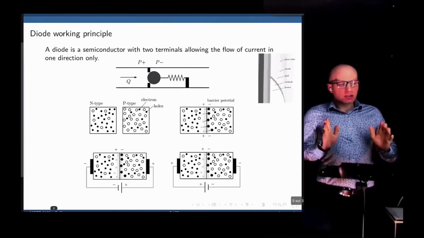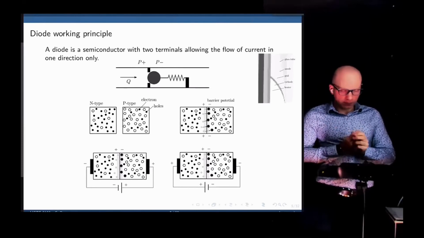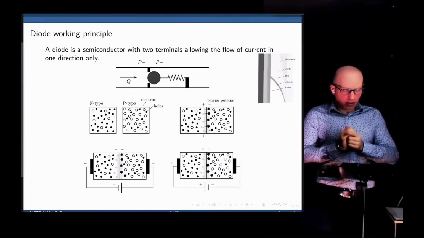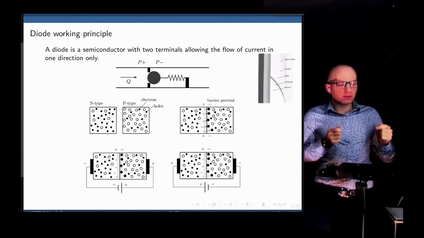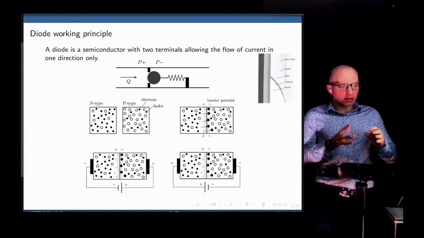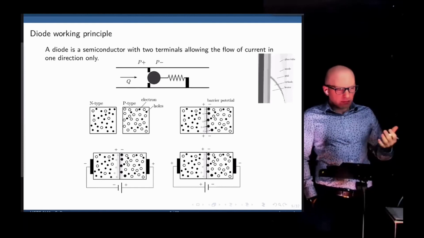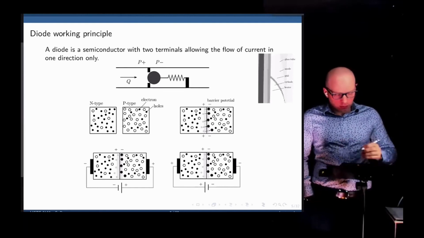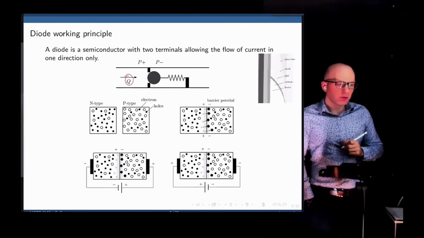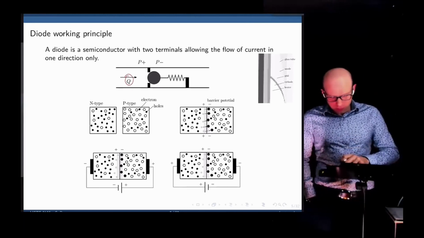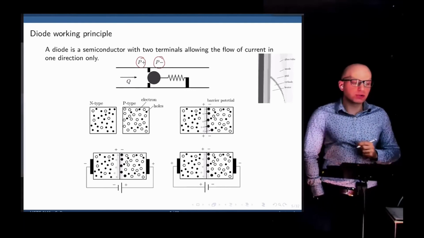So to do that, let's do a quick, very quick and rough review of how diodes work. A diode is essentially a semiconductor with two terminals, and it allows the current to flow in only one direction. We can make an analogy here with this hydraulic valve, where instead of an electrical current, we would have a flux, or a flow Q. And instead of voltage, we have a pressure drop.